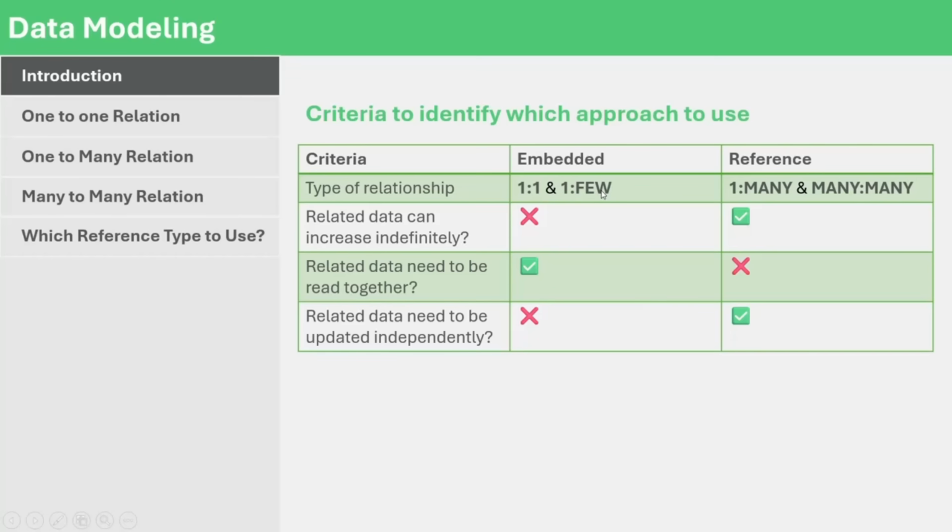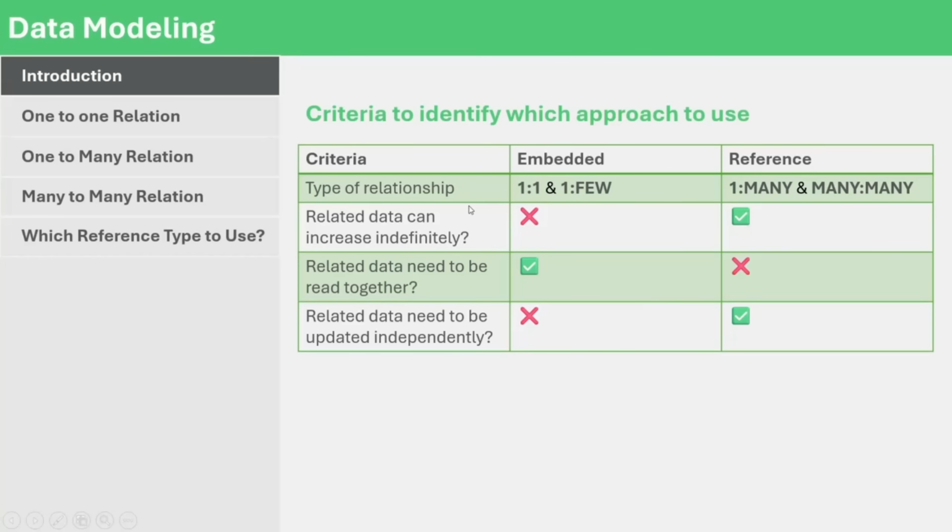So if two entities have one-to-one relationship or one-to-few relationship, then we can go with embedded document approach. But in case of one-to-many relationship, and many means more than 10, or if we have many-to-many relationship, in these two cases, we should always go with reference approach.